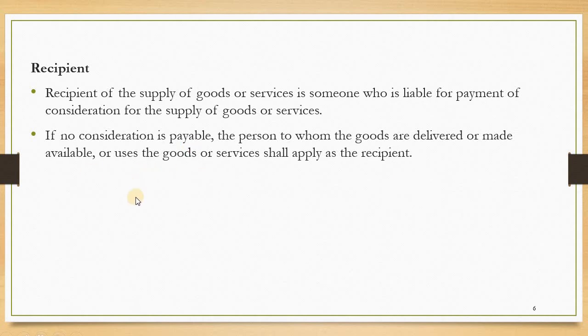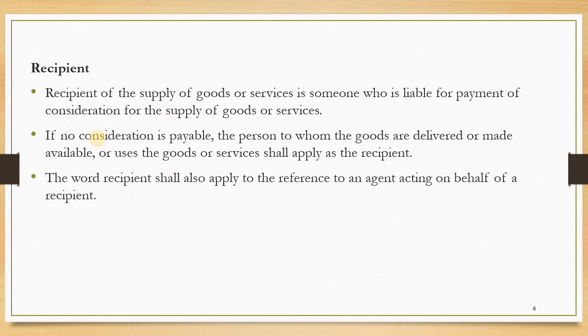The word recipient is not only for any trader, it also applies to an agent acting on behalf of a recipient, the principal. For example, if the agent is receiving the goods or making the payment on behalf of the recipient, then the recipient shall be the agent itself.